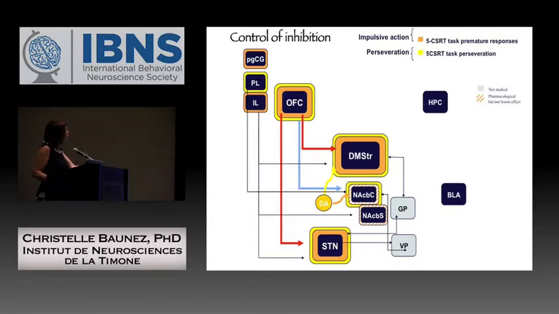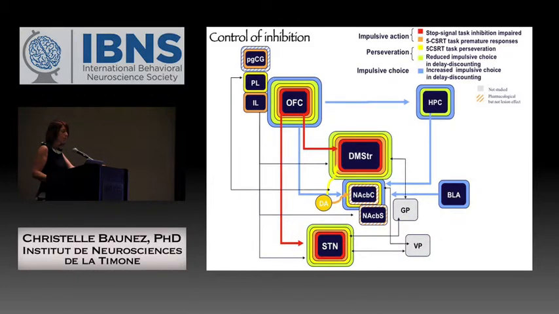And then, of course, we used different other tasks to assess impulsivity, the stop signal reaction time task and the delay discounting task. I'm not going through the results, but I just want to highlight again a very obvious network that comes to induce exactly the same deficits in all these tasks.